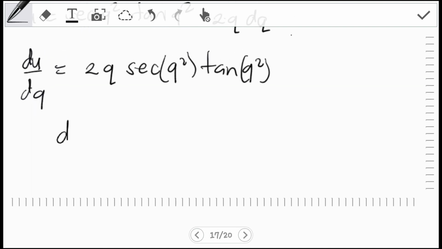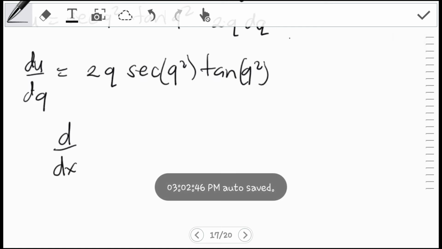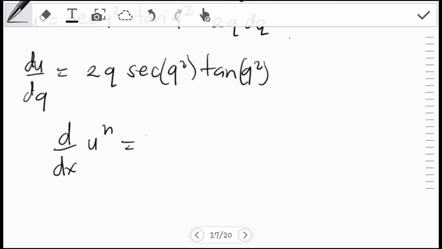Okay, so by applying this power law formula in differentiation of algebraic functions, d over dx of u to the n is equal to n u to the n minus 1 du over dx.